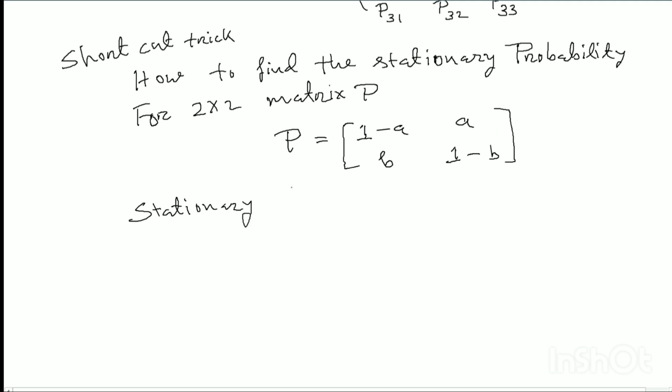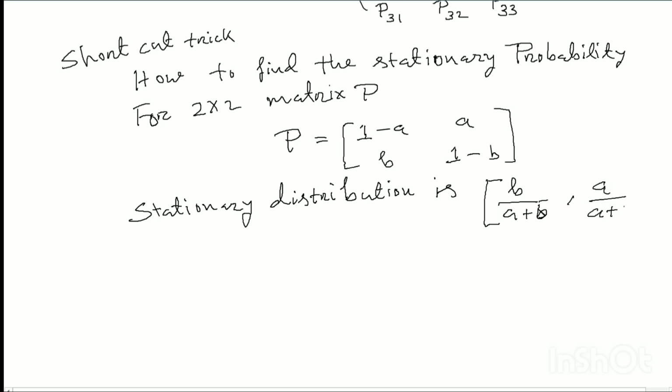So for the stationary distribution, we have to take B for state 0 and A for state 1. The stationary distribution is B divided by A plus B for state 0, and A divided by A plus B for state 1.